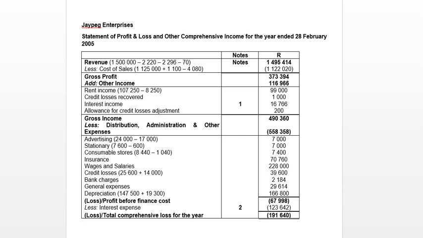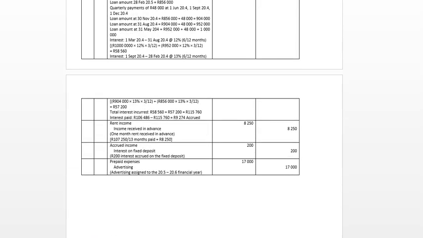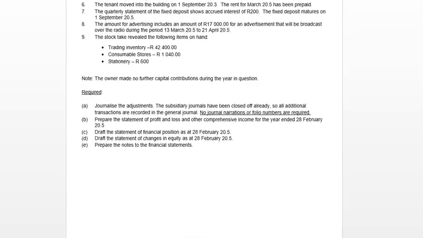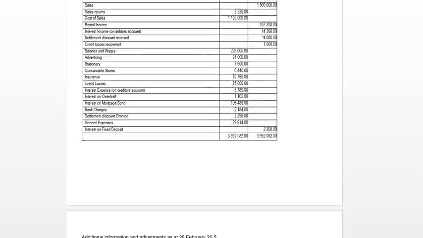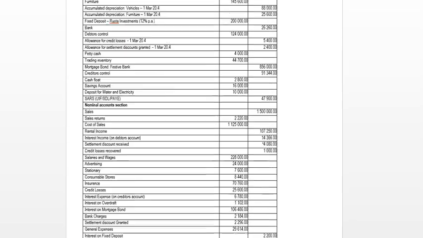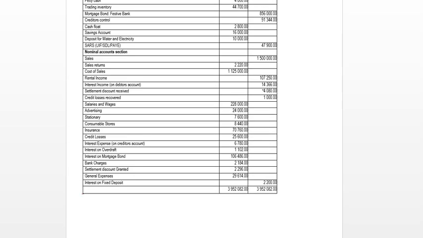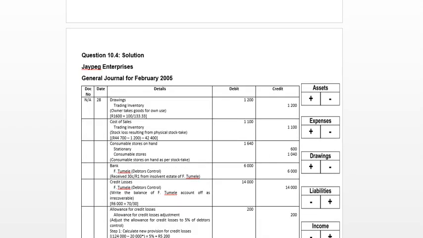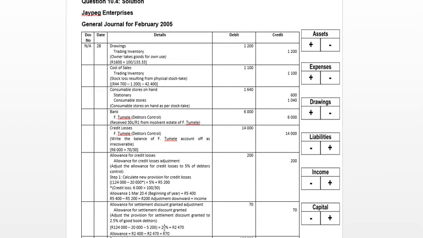Next, we have our cost of sales, and our cost of sales will then be our cost of sales less our settlement discount received. So our cost of sales was 1,125,000 Rand. We're going to subtract the settlement discount which we received on this cost of sales of 4,080 Rand. And we also need to account for, remember what we did here, we went and we debited our cost of sales.